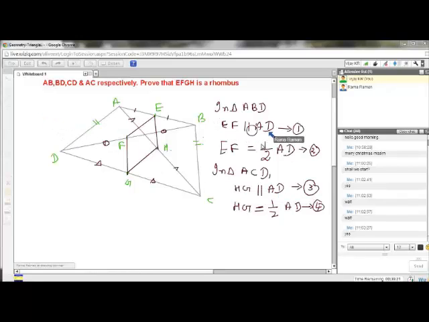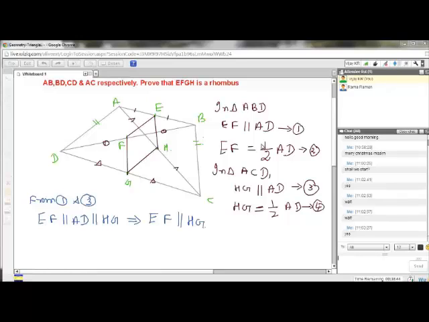So, combining the two, from condition 1 and 3, we have EF parallel to AD, parallel to HG, that implies EF is parallel to HG.